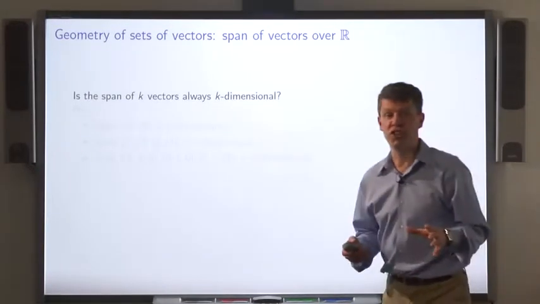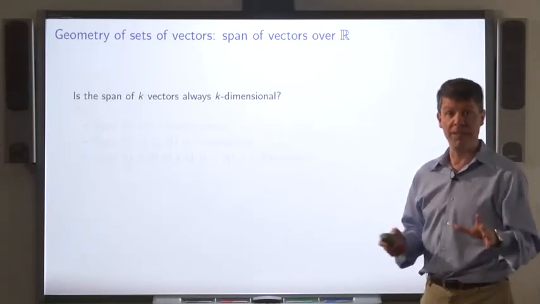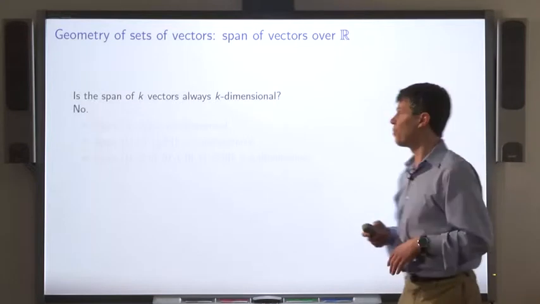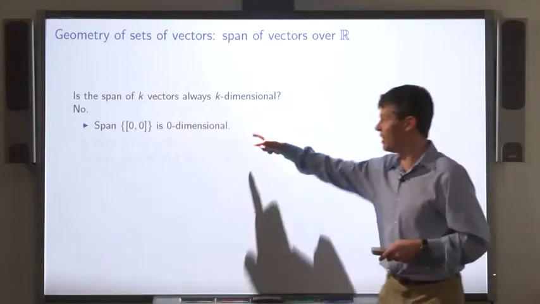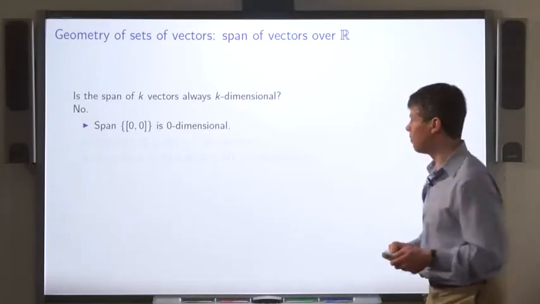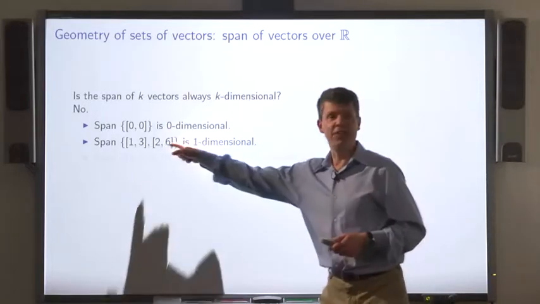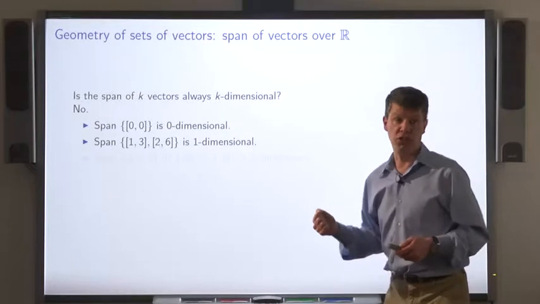This raises the question, is the span of k vectors always a k-dimensional geometric object? The answer is no. For example, the span of the 0 vector consists just of the 0 vector. That's a zero-dimensional geometric object. The span of these two vectors is a line, which is a one-dimensional geometric object.